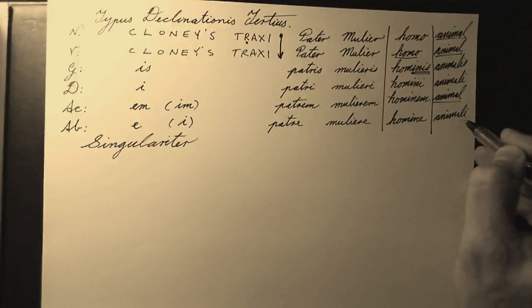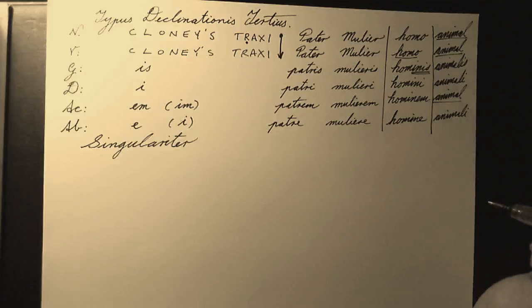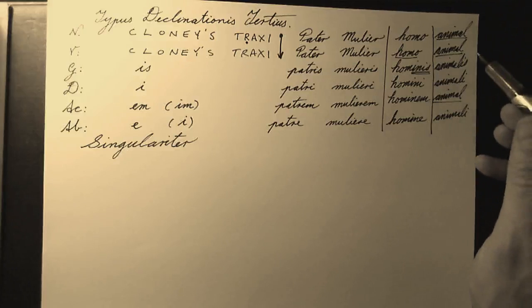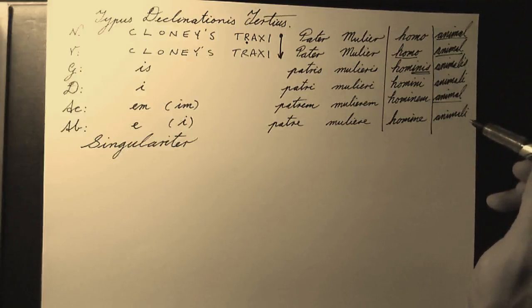So there's the subcategory of third declensions that end in the letter L, that end in i here. So animal, animal, animalis, animali, animal, and then animali here with the animal in the ablative.